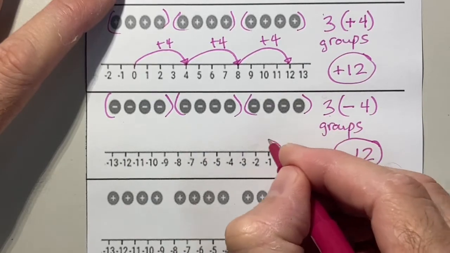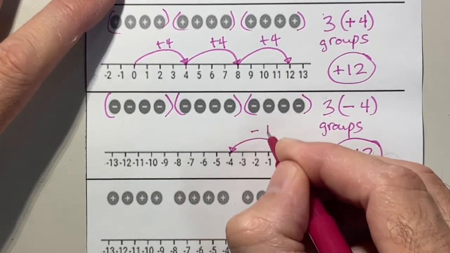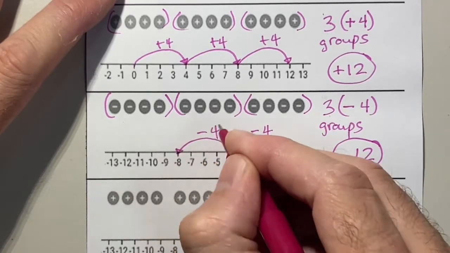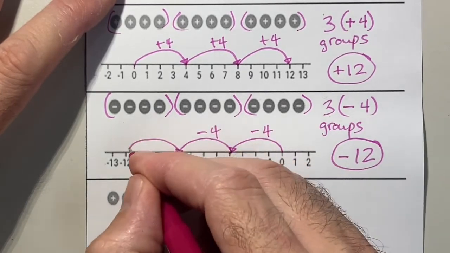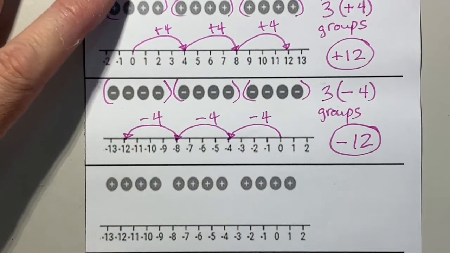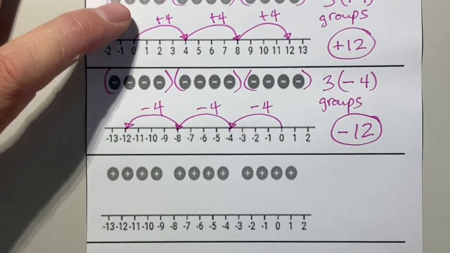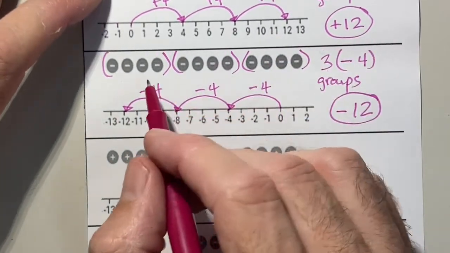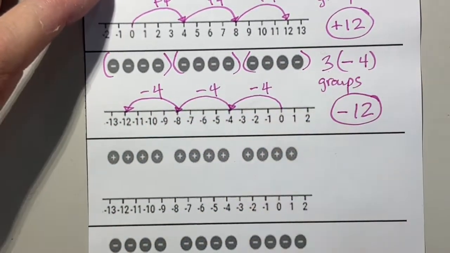So on the number line, negative 4, 1 jump, negative 4, and 1 more jump, negative 4. So no issues there. So 3 times negative 4 gives you negative 12.